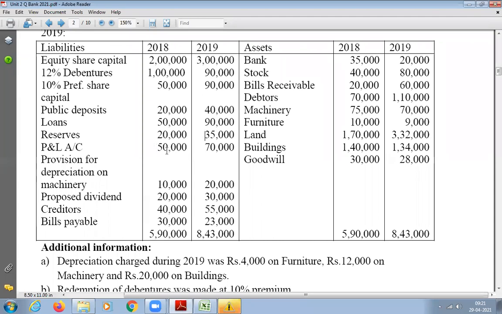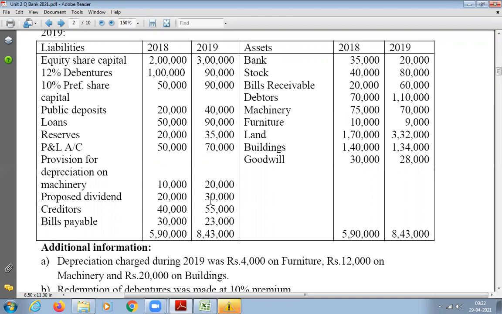That is the net profit brought down and the carried down balance. That will be written in the adjusted P&L account. Provision for depreciation we have already done. And then proposed dividend. Where do you take it? Appropriation of profit. Yes, we have to take the proposed dividend in appropriation of profit.